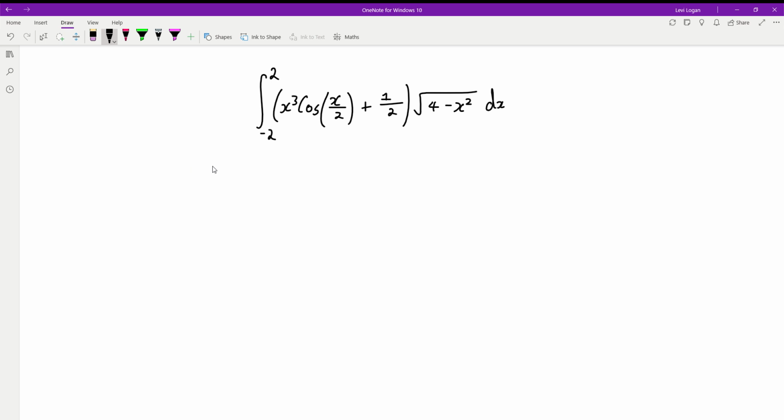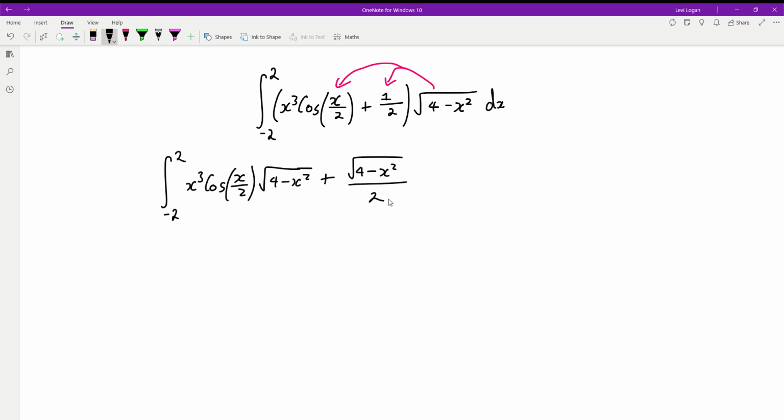So what we can do to make this easier is break the integral up by distributing this factor to all of these terms. So we're going to have the integral from -2 to 2 of x cubed cos of x on 2, multiplied by this, so square root of 4 minus x squared, plus square root of 4 minus x squared all on 2, dx.